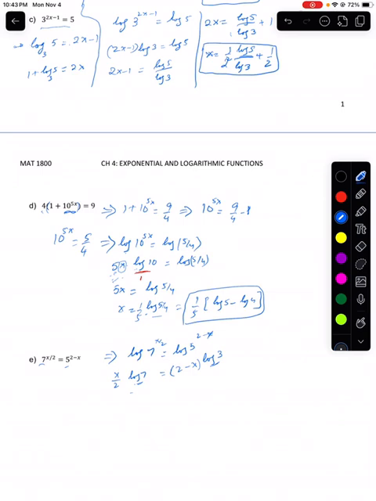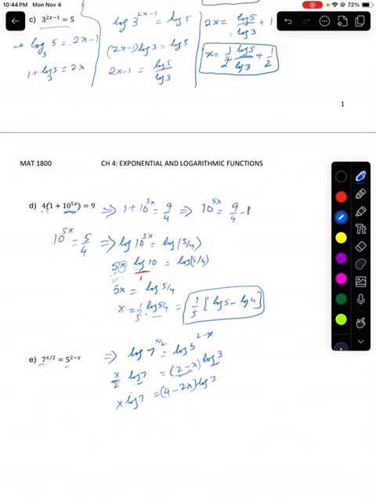So on the left side we have a 2 at the bottom here, so we could multiply the whole equation by 2. So we get x times log of 7 equals 2, which we can multiply in here. So we get 4 minus 2x times log of 3.